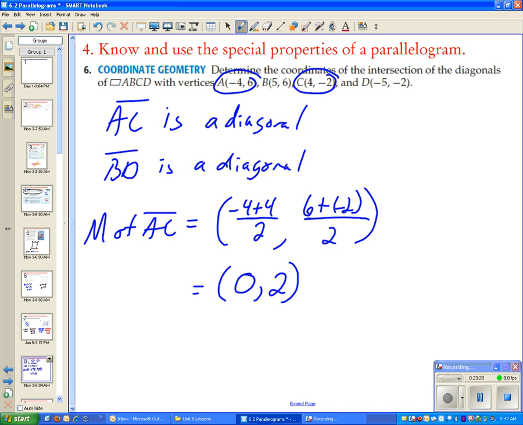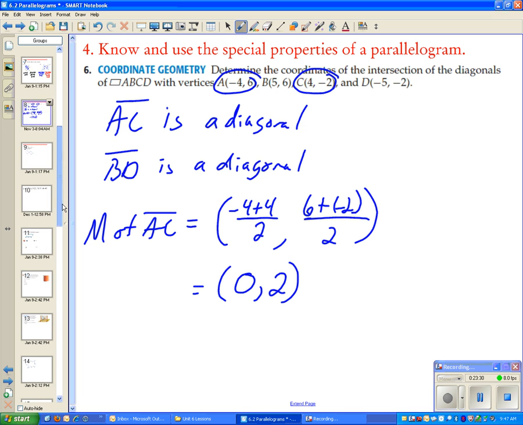Now, maybe it's just because I've been doing this for a while, but here's what I think about what we've done so far. I think that there's a lot of properties to know, but once you decide what property to use and how to use it, the problems work out fairly well, don't they? The ones we've done so far have. So it's the knowing what property to use and then how to use it that's going to be the tough part.